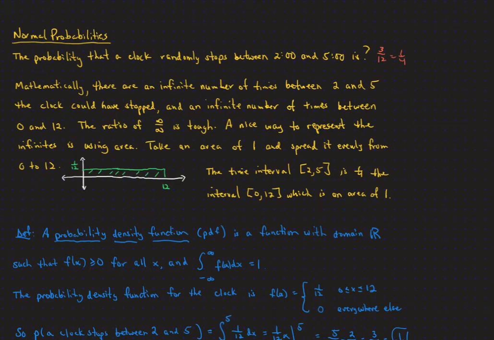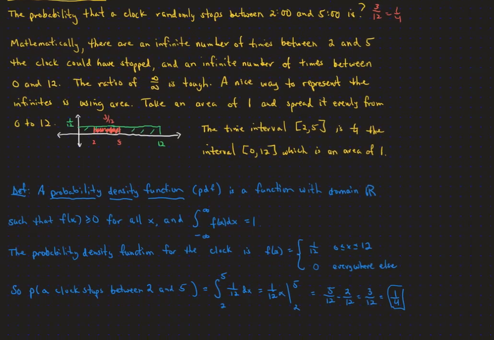So if you look at that interval between 2 and 5, then that area from 2 to 5 would be 5 minus 2 is 3, times 1/12 is 3/12. So that area is 3/12 or 1/4, and that's a nice way of getting at the probability.